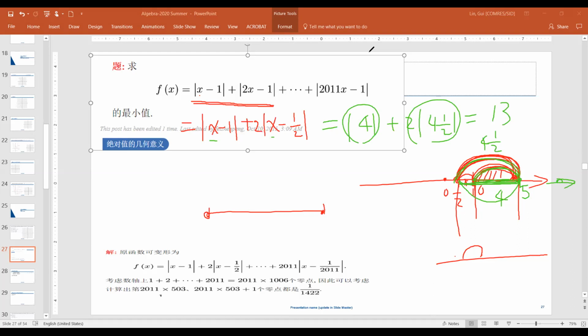So they want to find the smallest number. What's the smallest number it can be? Let me zoom in here a little bit. Here is 1, here is half. If you pick a dot that is actually inside, the distance to here and the distance to here is always the same.